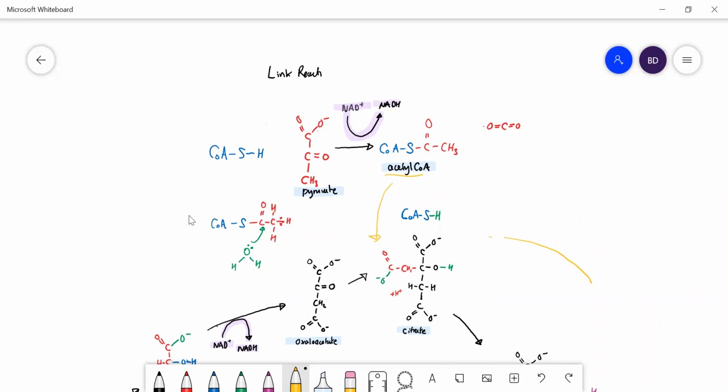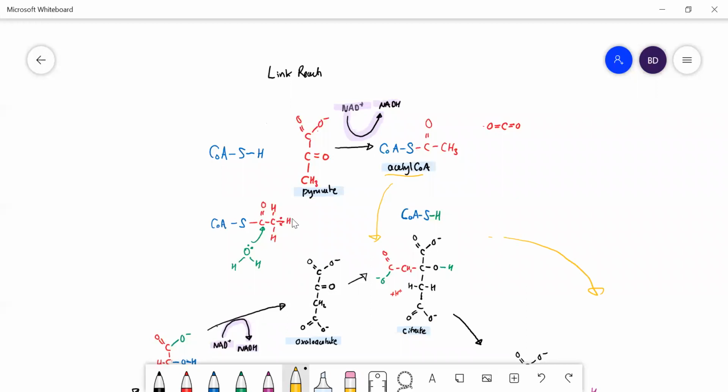It goes around the citric acid cycle, releasing carbon dioxide and generating NADH, which can then be used to make ATP.